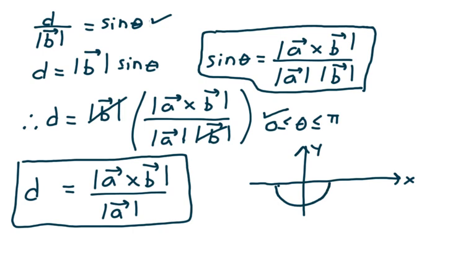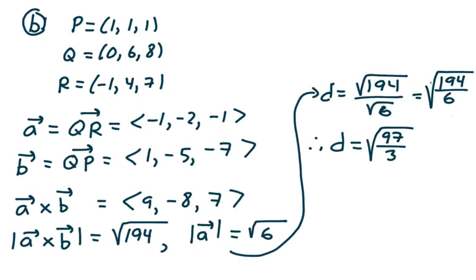And that's going to contradict this formula because the magnitude of A cross B is non-negative, the magnitude of A is non-negative, and the magnitude of B is non-negative. So we have to make that restriction that theta is between 0 and pi.